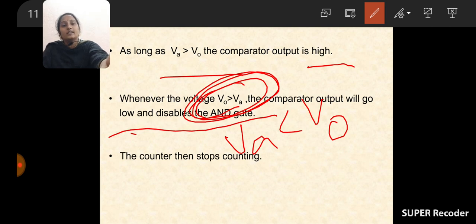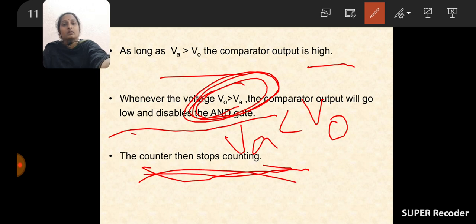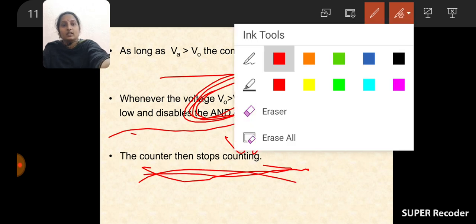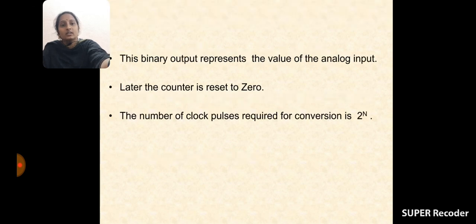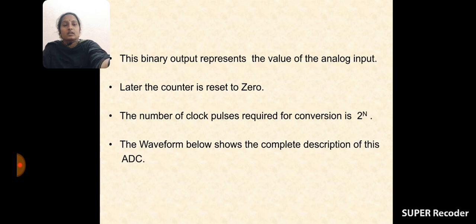If the AND gate is disabled, what does it mean? It is open and it will not allow the clock pulses. Automatically the counter stops counting. So this is the operation of our counter type analog to digital converter.